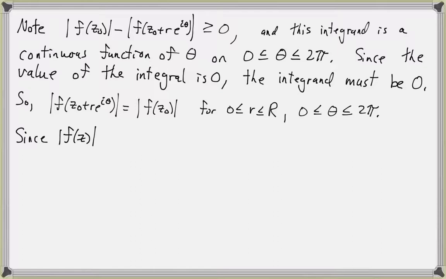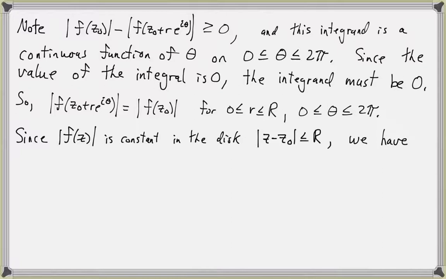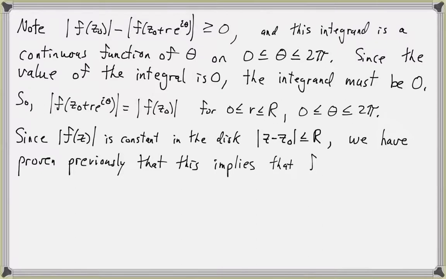Since the absolute value of f of z is constant in the disk, absolute value of z minus z0 less than or equal to capital R, we have proven previously that this implies that f must be constant on this disk as well.